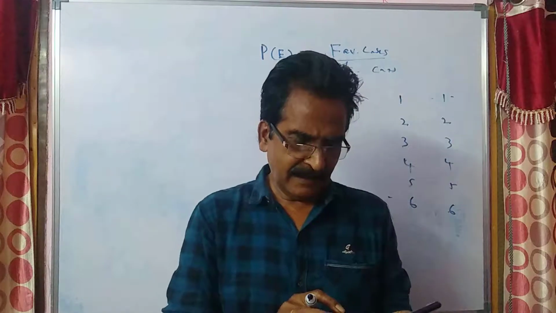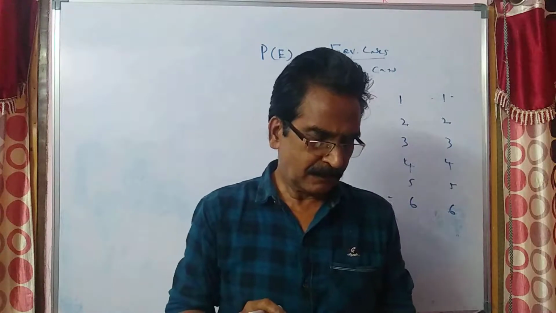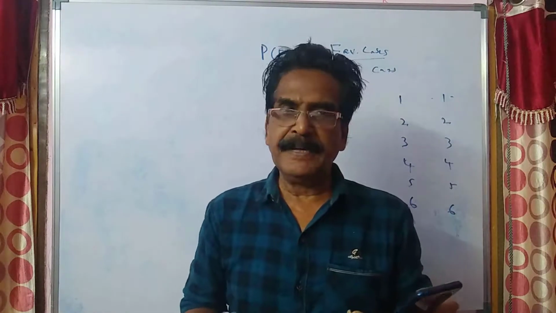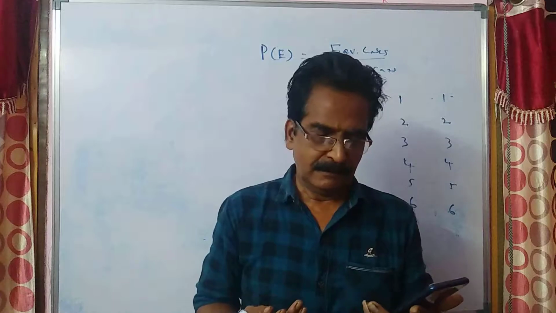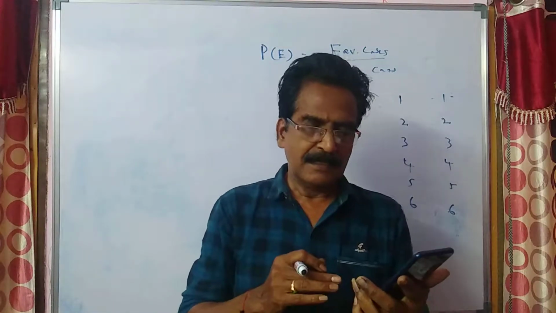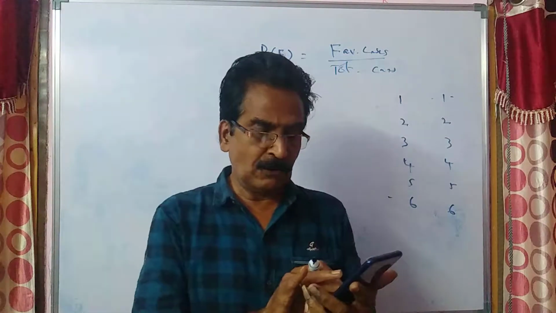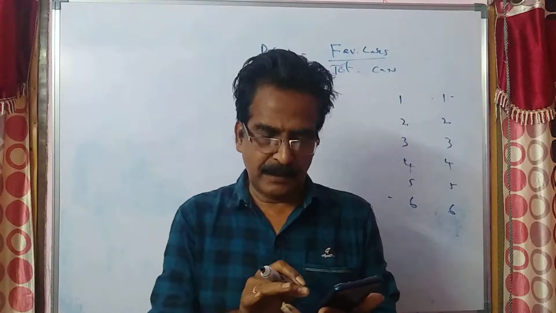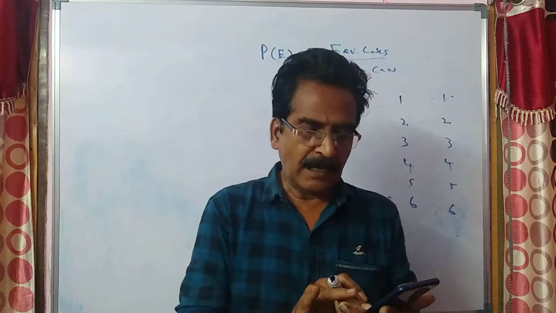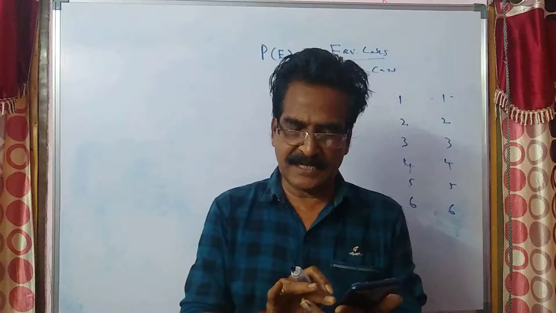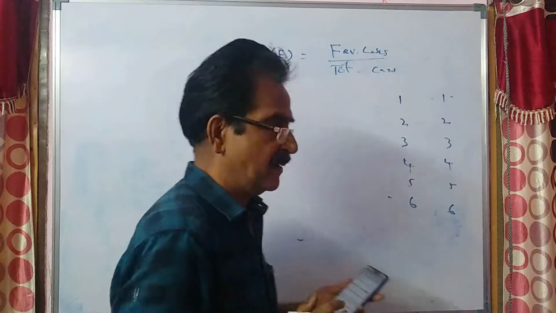This is again an interesting problem. Amit is a person. Amit throws a biased coin on which the head appears in 65% of the situations.